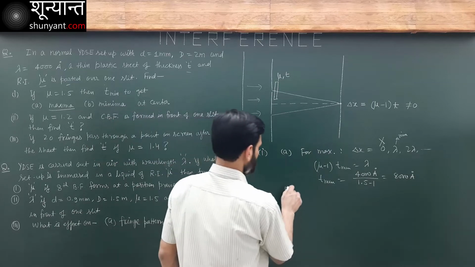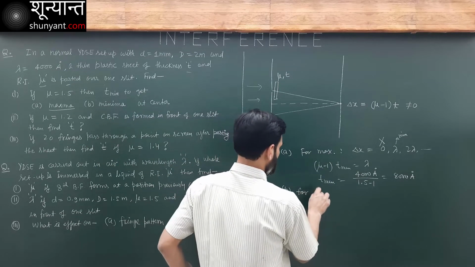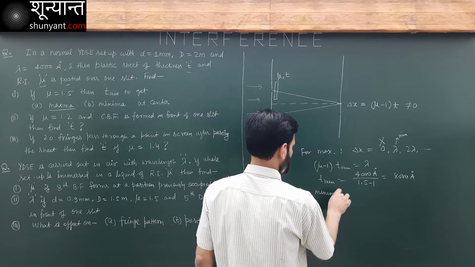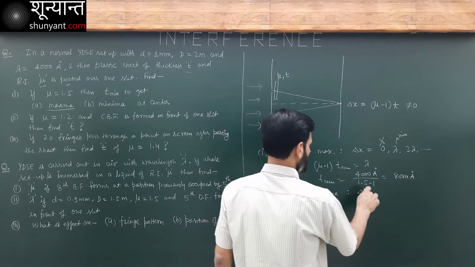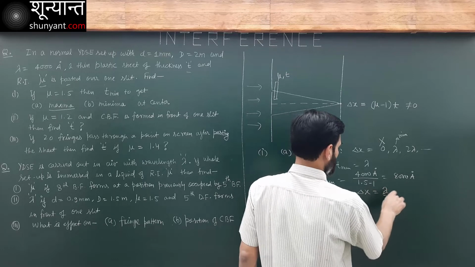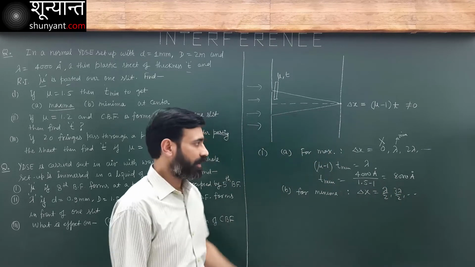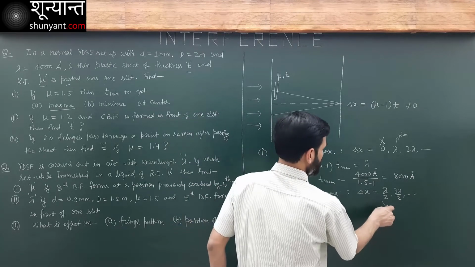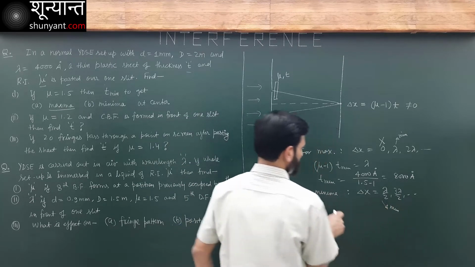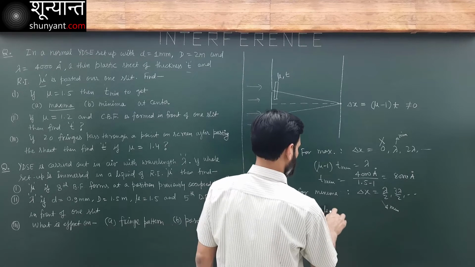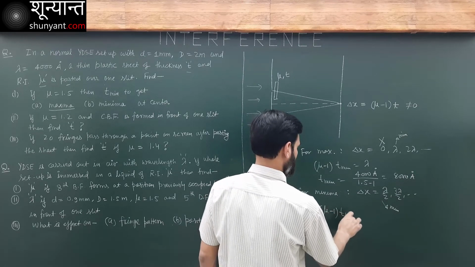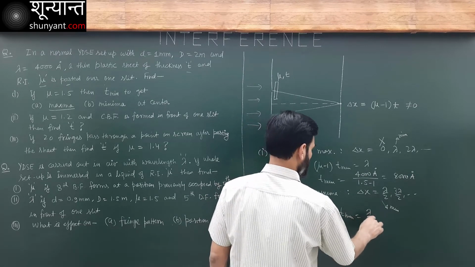Now for minima, delta x should be either lambda by 2 or 3 lambda by 2, or odd multiples of half lambda. This corresponds to a minimum. So here I will have (mu minus 1) times t minimum equal to lambda over 2.